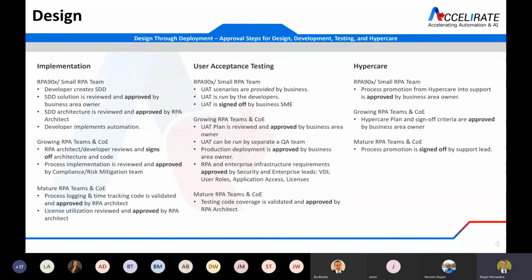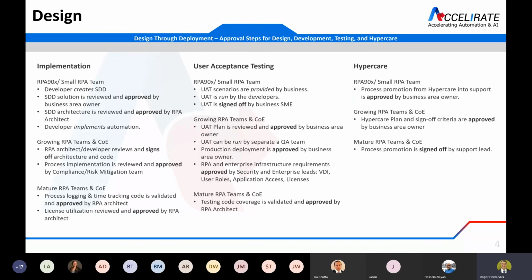And additional things that get evaluated here are RPA and enterprise infrastructure requirements. Do I have licenses for the VDI? Do I have enough VDIs? Am I allowed to give access to the bot to all these user roles? Are the applications, do I have enough licenses and user accounts for these applications for these bots?